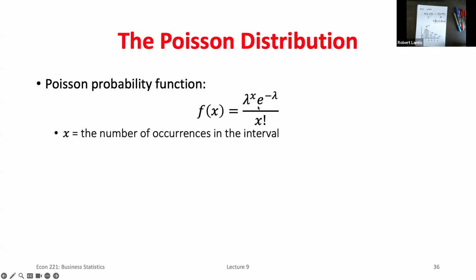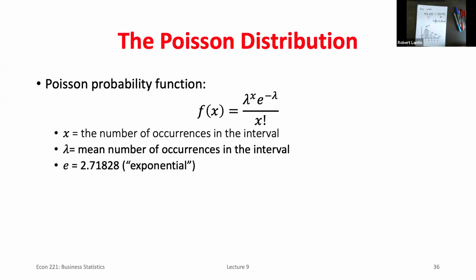The mean number of occurrences is lambda. e is this natural number. You might have seen it in other math classes. If you take it out to the 5th decimal, it's 2.71828. Usually there's a natural e button on your calculator. There's also a pretty easy way to do it in Excel, which we'll look at.